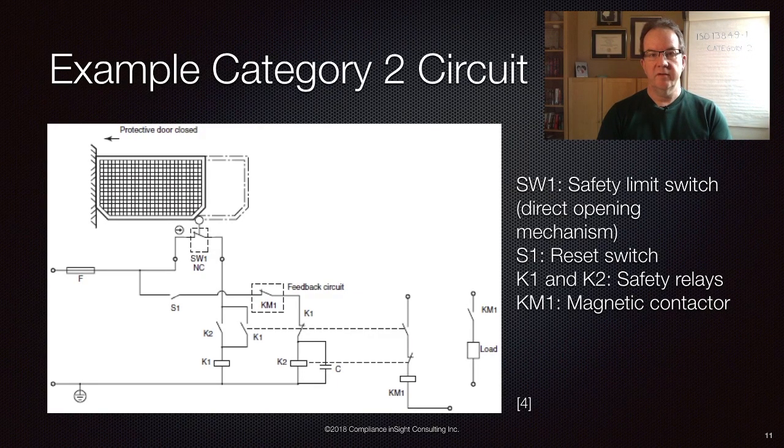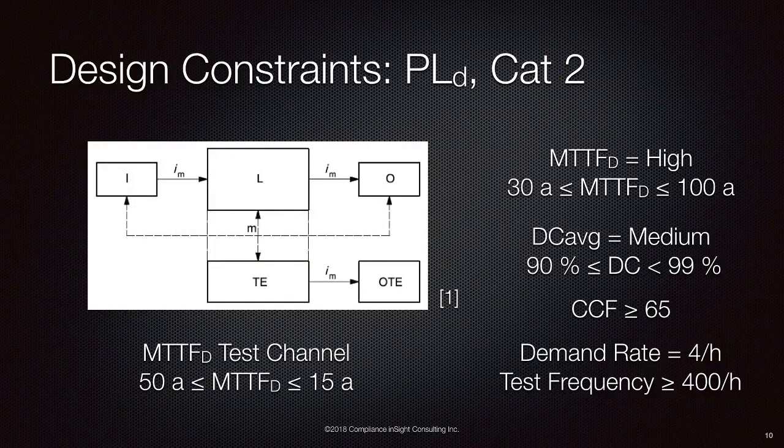One more point I need to make about the category 2 circuits, and this may not be apparent to you if you haven't read the definitions recently, but because a category 2 circuit like the one that we're showing here, and let's go back to the block diagram. When you look at this block diagram, the active channel, so the I, L, and O blocks, that's a single channel.